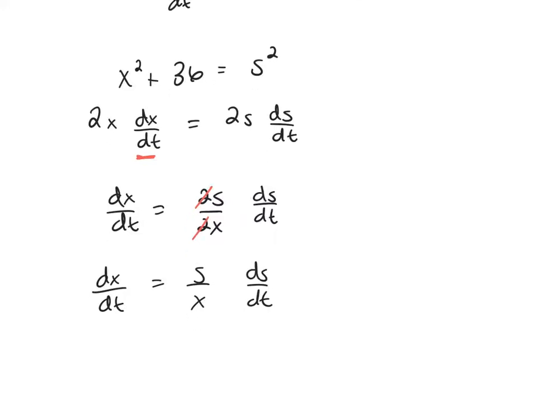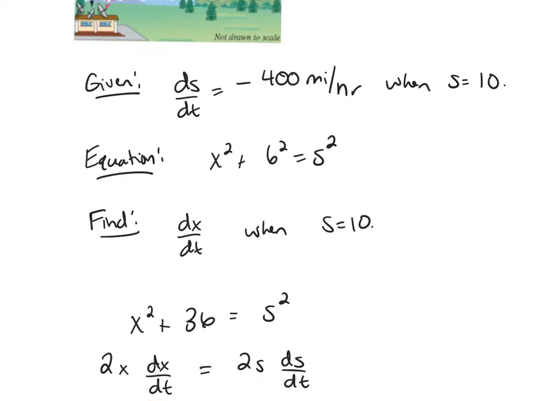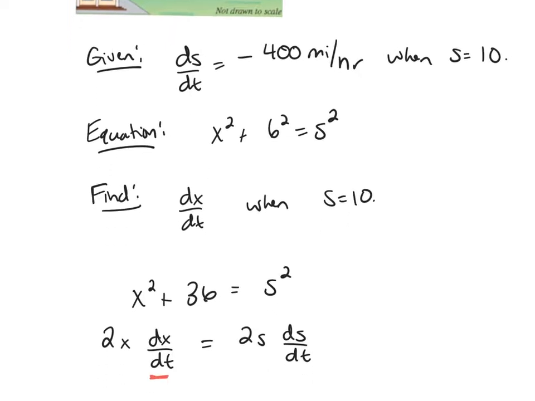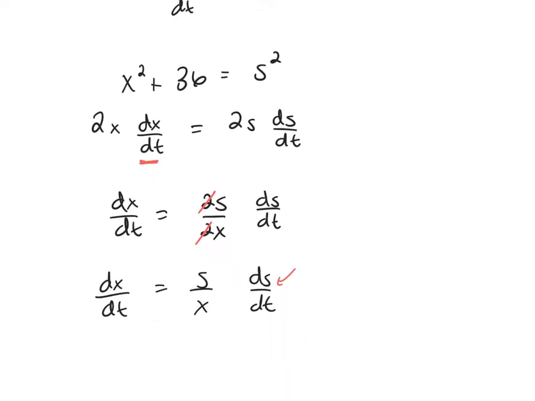Now I have to know all these values on the right hand side. So do I know ds/dt? Yes, that's what I was given. And I also know s, but I've got a little bit of a problem here. I don't know x.